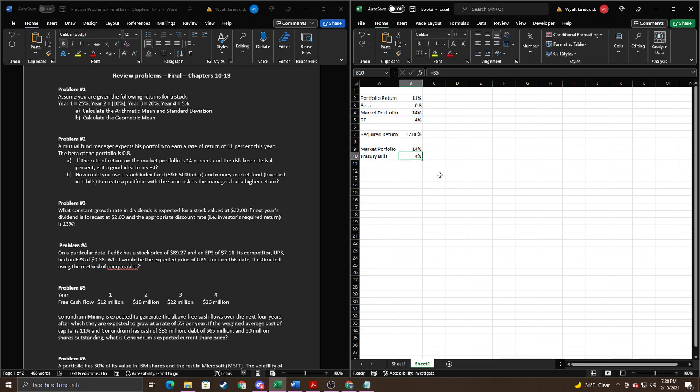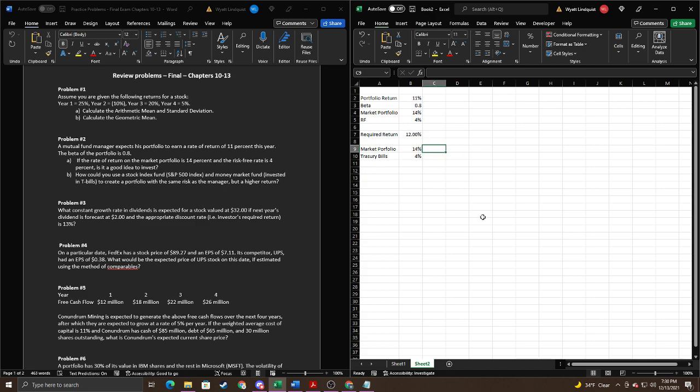Treasury bills, as you remember, are something where it's impossible for the government to default, unless something really tragic happened. But for this class, we don't really care about that. The government can always print more money to pay their treasury bills, so that's why treasury bills are equal to the risk-free rate. And an index fund is also a market portfolio, so the S&P 500 is one of the most common market portfolios, so that's why we're able to equate these.